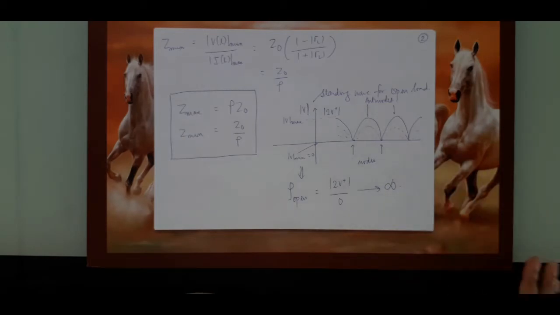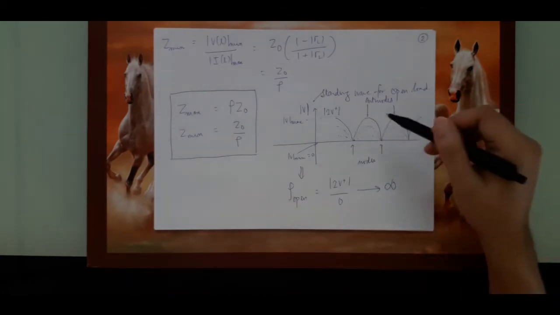So likewise you can do for other loads also. However, for loads which are not equal to open or short, it is a little difficult to analyze them by hand. So I encourage that you all can write a MATLAB program or any other program which will actually plot the standing wave pattern for that given load, and using that you can measure the maximum and minimum voltage.